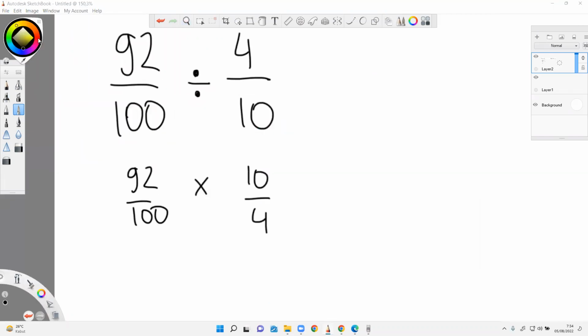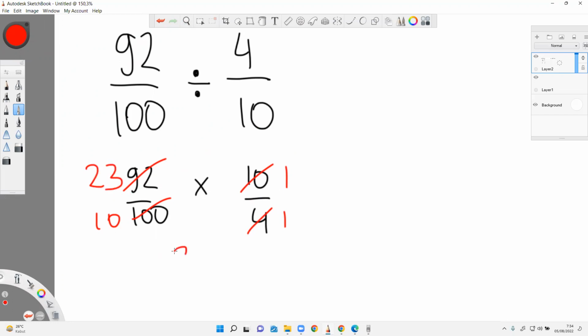You can simplify the 10 by 1 and by 10, right? And 92 over 4 also can. What is it, Jones? 92 divided by 4. 23, thank you. Sorry, I couldn't hear. So it's quite simple. 23 times 1 is 23 over 10.